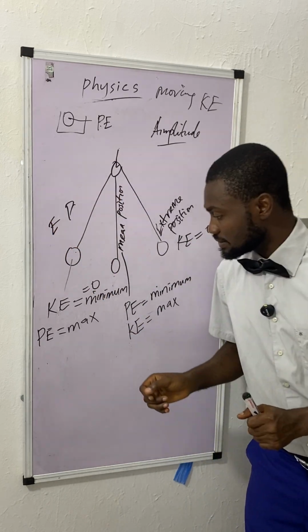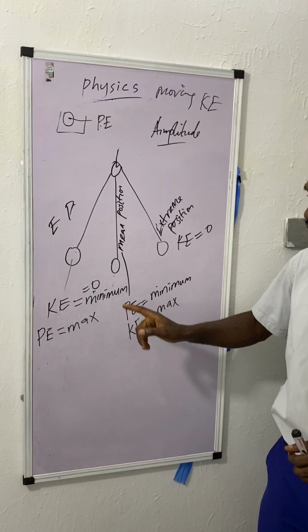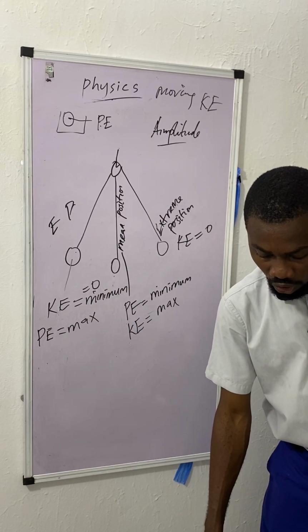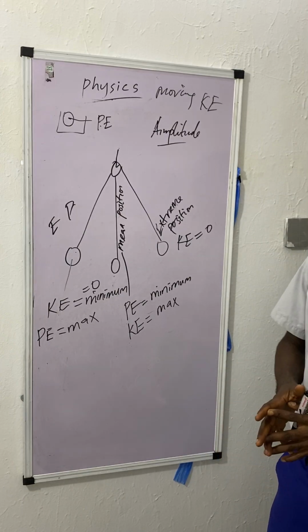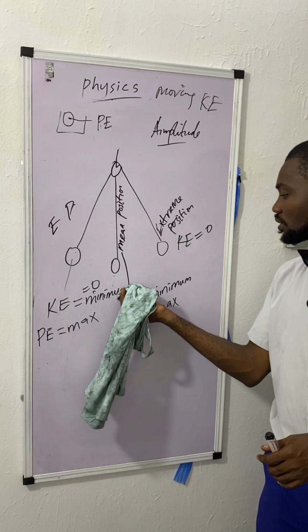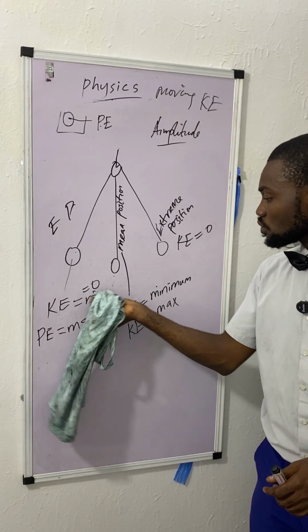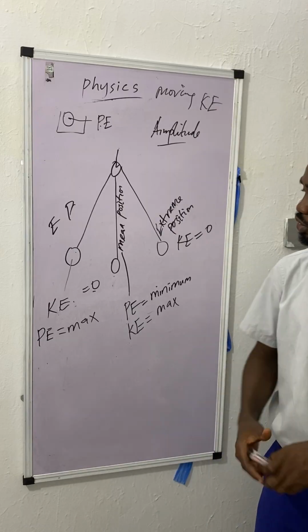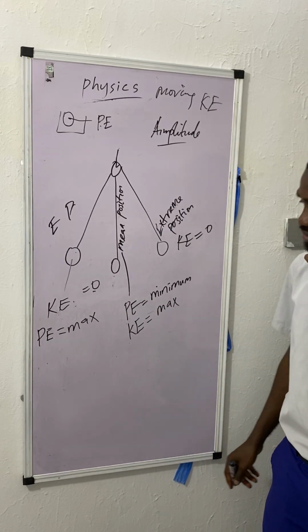So it can either be minimum or equal to 0, depending on what you see among your options. For something more specific, let's leave it as equal to 0. It is more accurate to say it's equal to 0, but if you don't see 0 and you see minimum, you take minimum. So kinetic energy is equal to 0 at the extreme position.